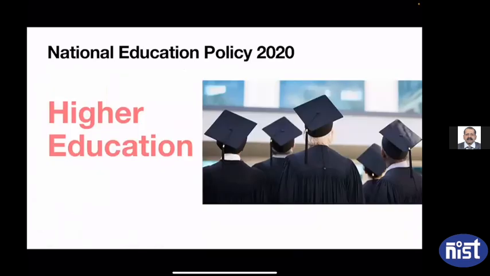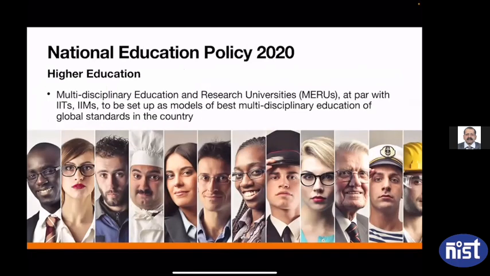Now, I've taken most of this time, but let's talk of what the policy says about higher education institutes. So again, in the higher education institutes, we talk of multidisciplinary education and research universities, which would be at par with the current goal, which you talk of as IITs and IIMs, to be set up as models of best multidisciplinary education of global standards in the country.